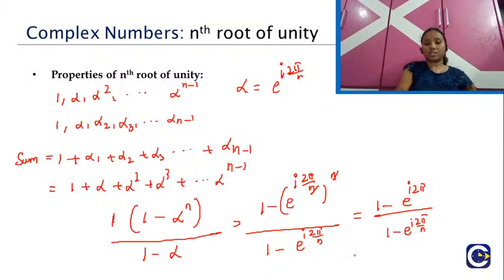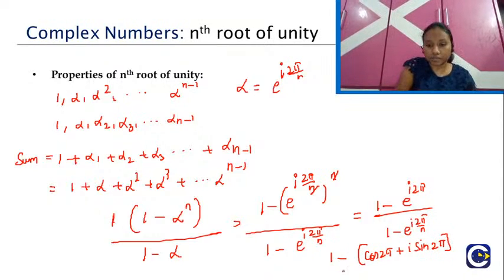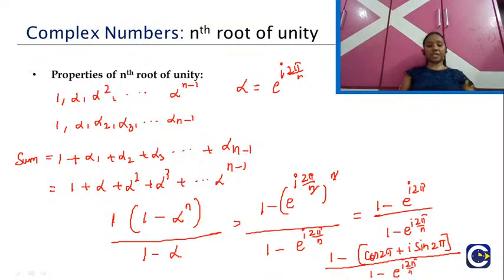Now I can convert this. This will become 1 minus cos 2 pi plus i sin 2 pi, and in the denominator 1 minus e power i 2 pi by n. In the numerator, as we don't have any generalized term like n or m, we can directly find the value of this here.